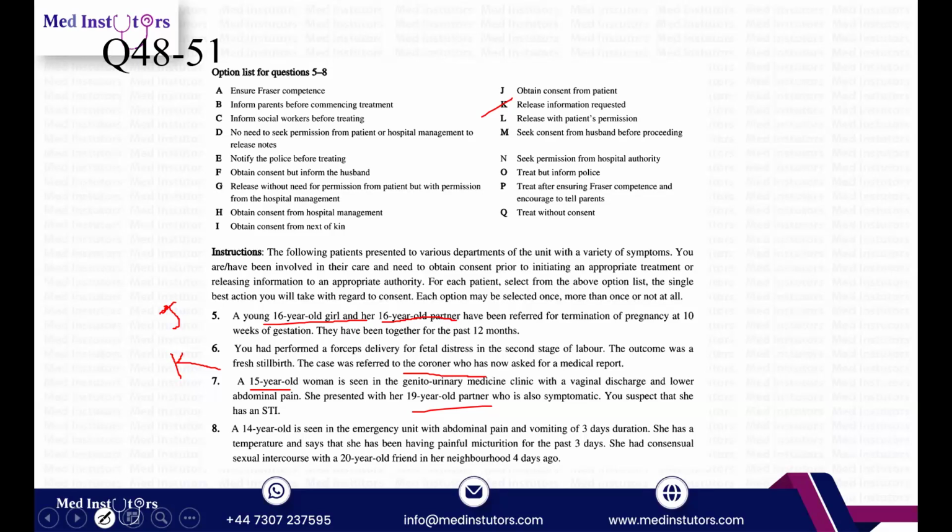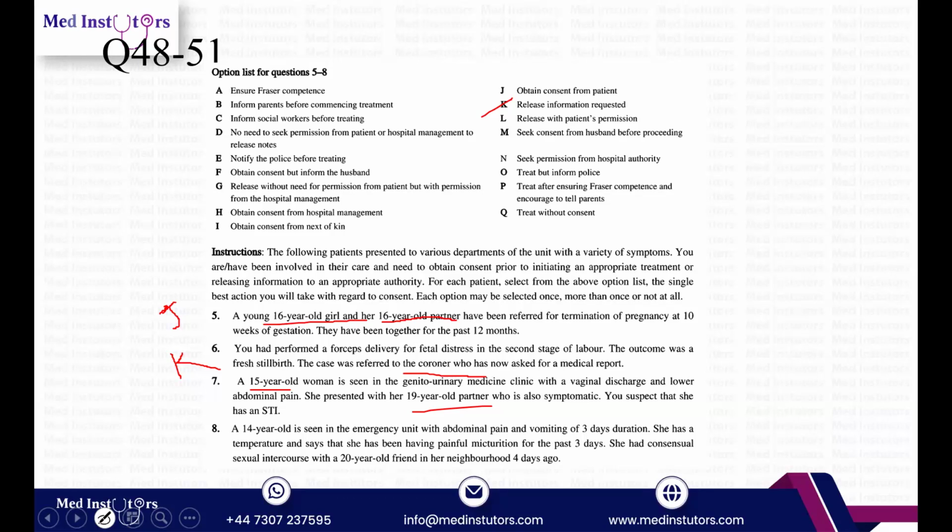Why would I inform the social worker, Dr. Sama? Oh, treat but inform police. Why? In India we would, but not in the UK. N, seek permission from no. If I'm not mistaken, you're not getting the concept of the Fraser guideline and Gillick competence.